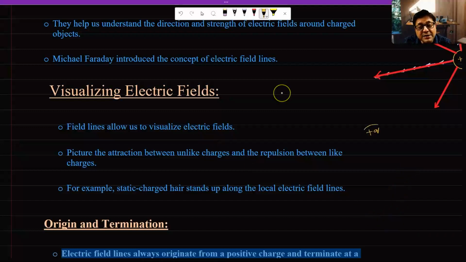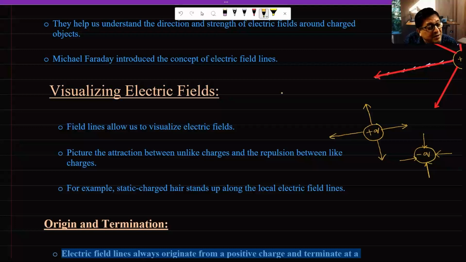Those imaginary lines tell us the direction of the field. For a positive charge, the field will be radially outward. And if it is a negative charge, the field line will be radially inward.